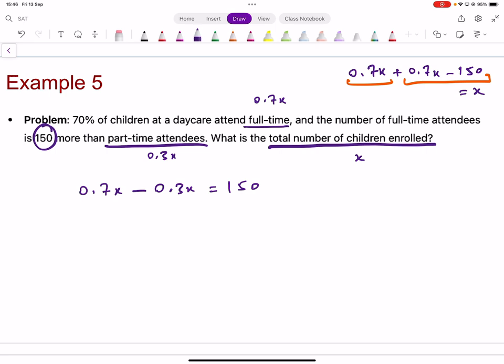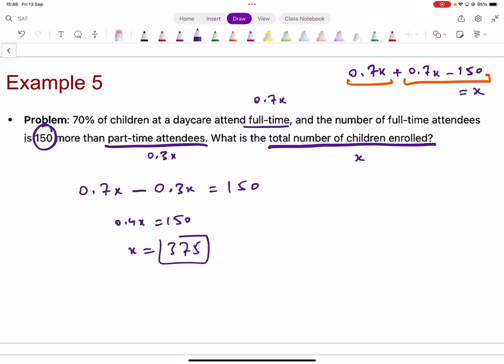Okay? So 0.7x is the number of full-time employees, 0.3x is the number of part-time employees. Full-time minus part-time, since the difference is 150, this is one way to make this equation, and this is another way that you are suggesting. Both of them will give you the same result. Okay, you can try then. 0.4x equals 150, x equals 150 over 0.4, what's that? 375.